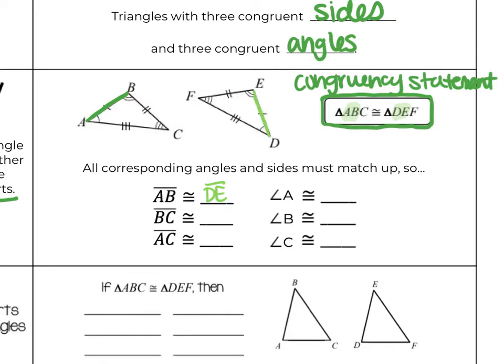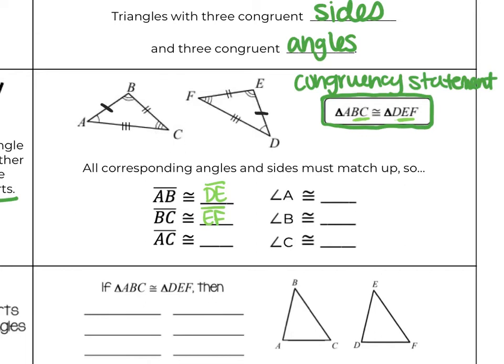Make sure that you remember, if we're doing that, then that means we mark they're congruent with the little line on the segment. All right, then I would go on to my next side. So I would say that BC, which is the second 2, would be congruent to EF, so the second 2 from the other triangle.